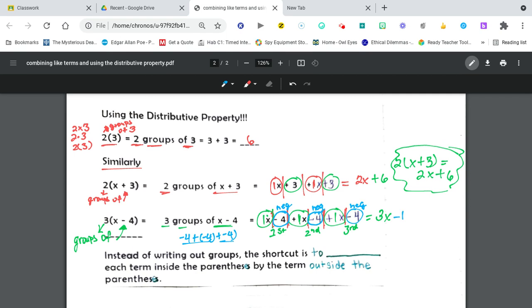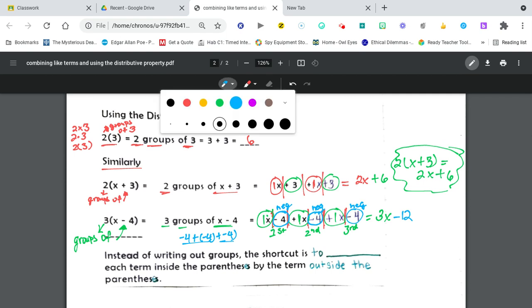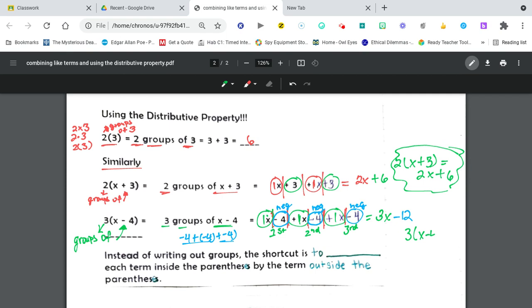So that gives me negative 12. Add 3 4s together, you get 12. All of them are negative, so keep the negative, okay? So basically, this means that 3 groups of x minus 4 equals 3x minus 12. That's what that means. Now, you should be able to see a shortcut.